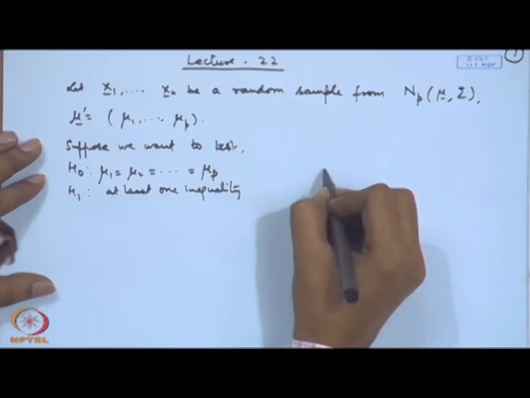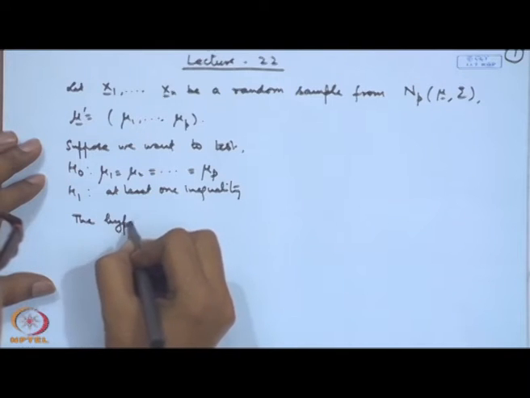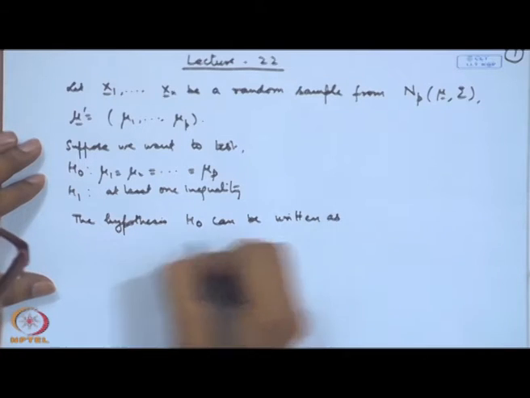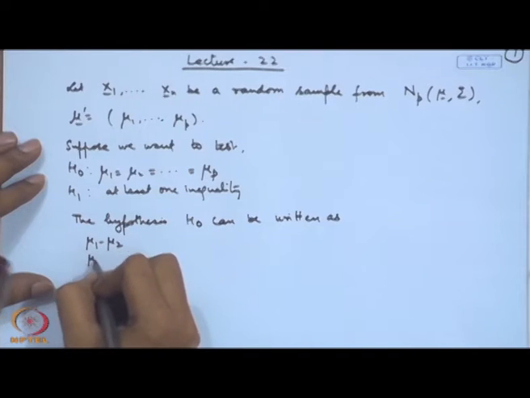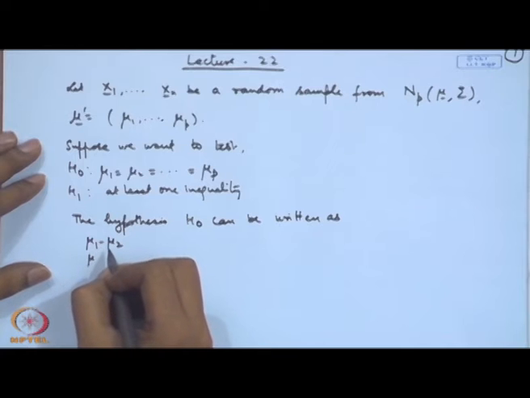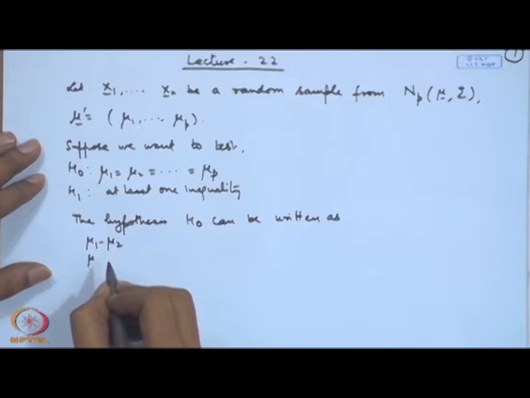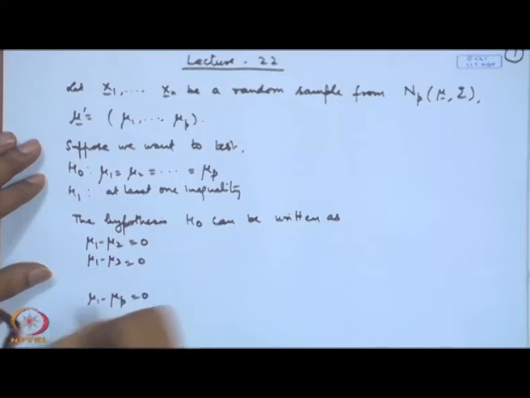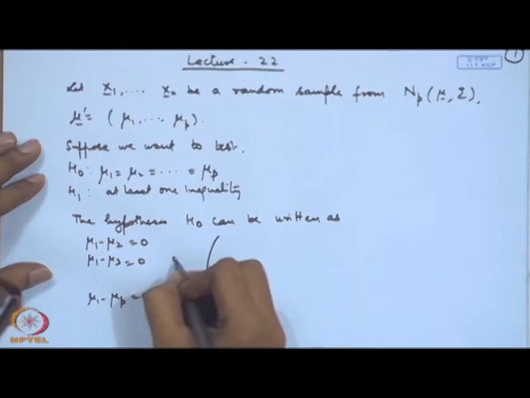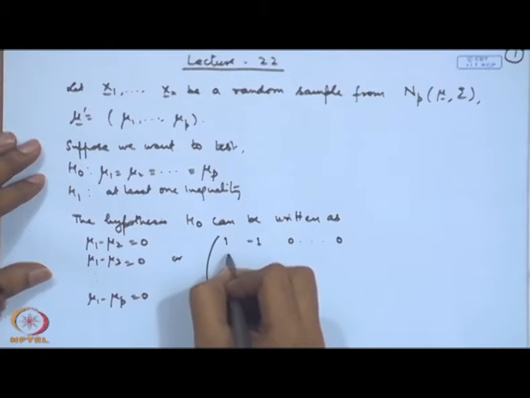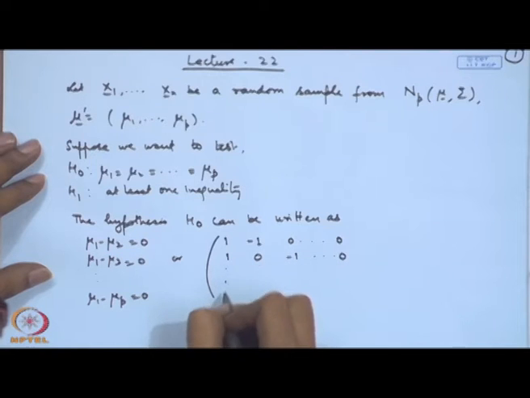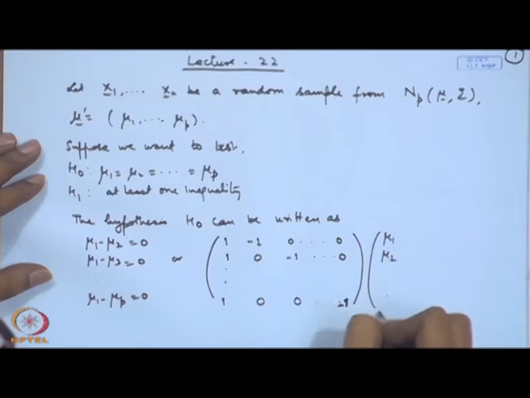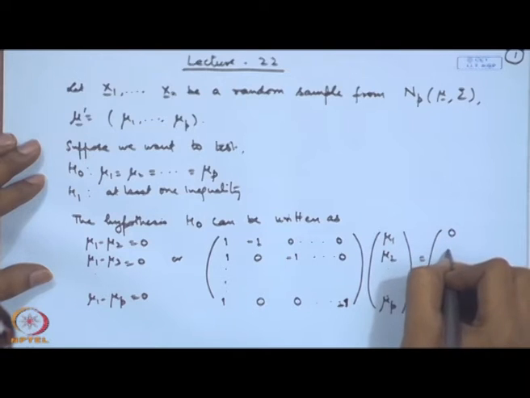So, what we do, we write it like this. We can consider the hypothesis H naught can be written as mu 1 minus mu 2 equal to 0, mu 1 minus mu 3 is equal to 0 and so on, mu 1 minus mu p is equal to 0, which we can write as the matrix with rows 1 minus 1 0 0, 1 0 minus 1 0 and so on, 1 0 0 minus 1, into mu 1, mu 2, mu p, this is equal to 0, 0, 0.